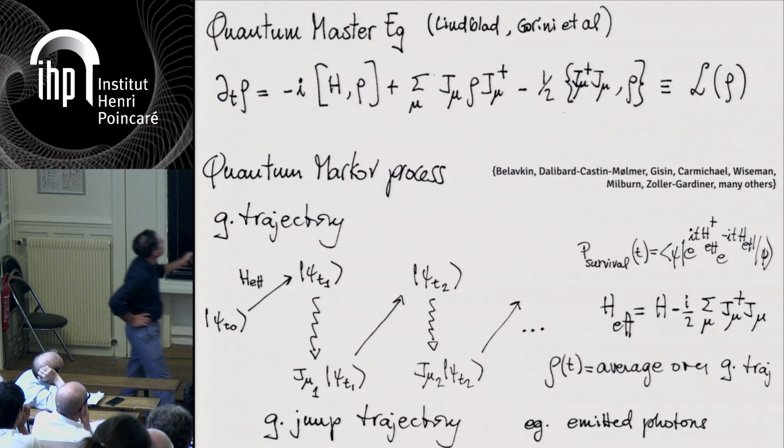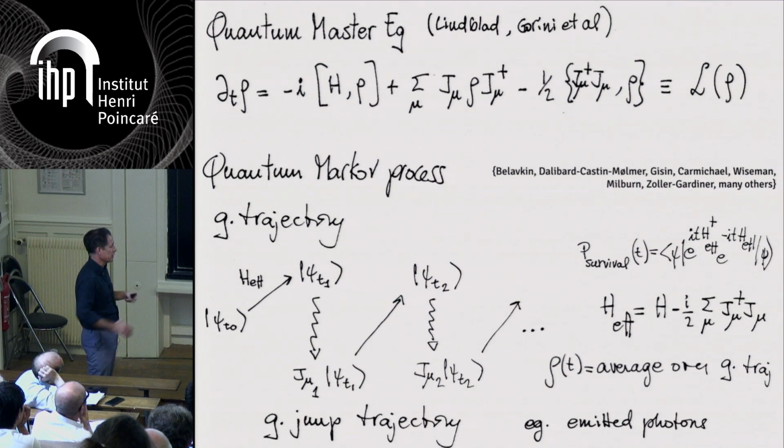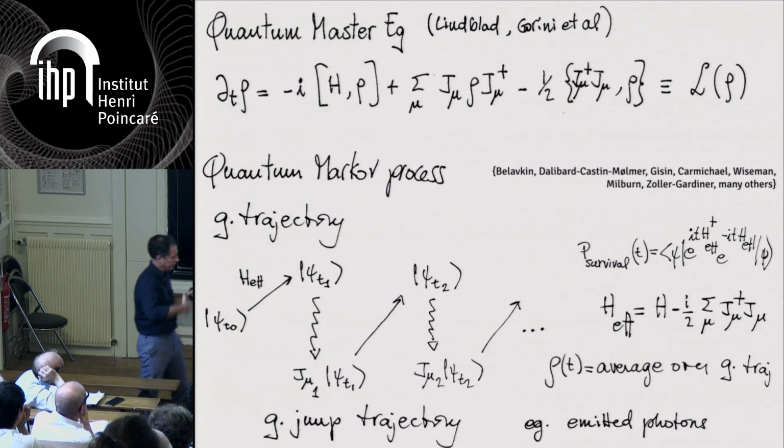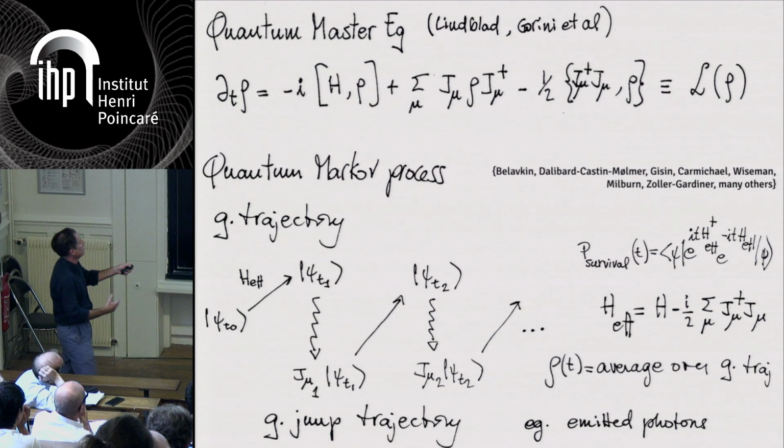But now, associated to the evolution of the average state, which is deterministic, there is a quantum Markov process. And that is a process where the state evolves stochastically. And in contrast to classical Markov processes, this equation can be unfolded in various ways.